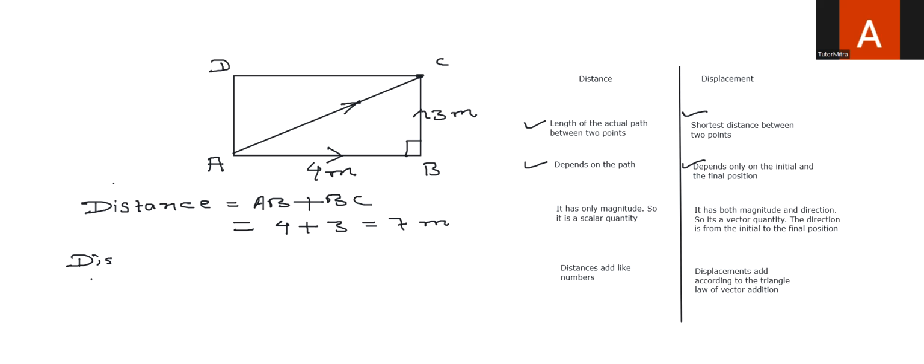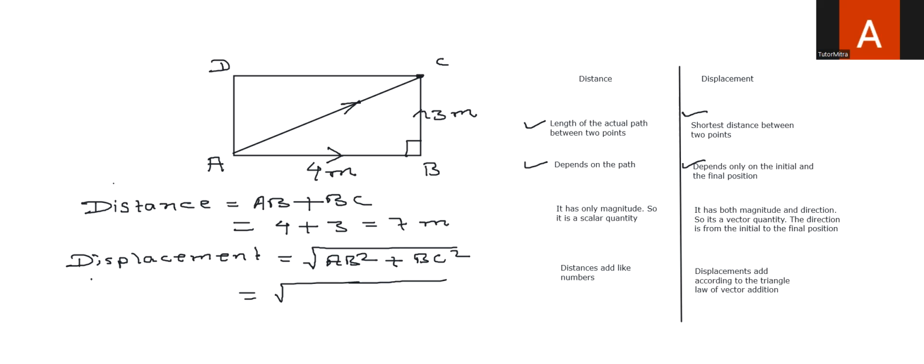Displacement will be square root of AB square plus BC square. This will be square root of 4 square plus 3 square. You will get 5 meters.